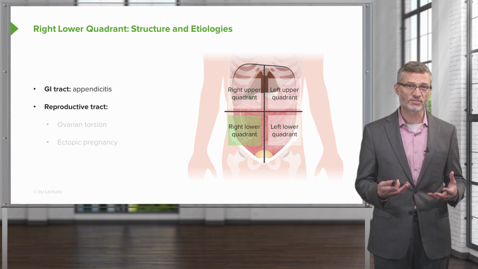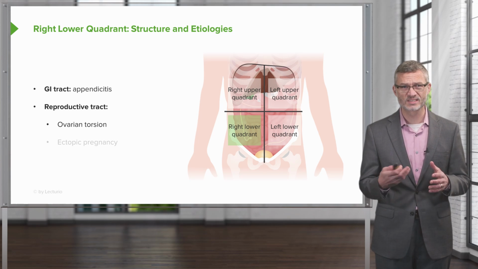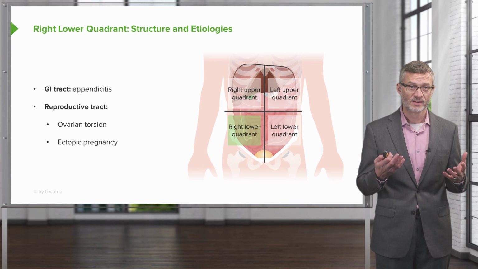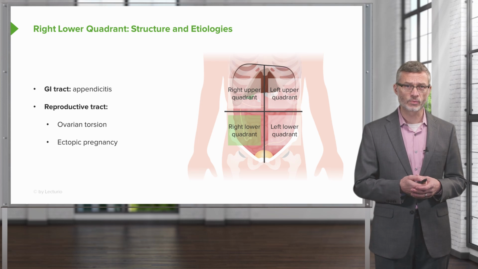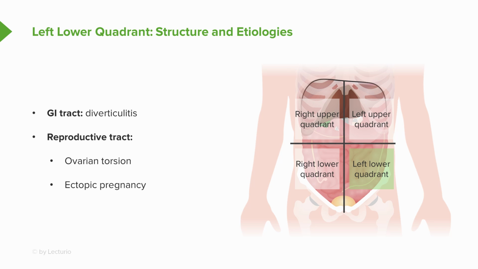Disease of the reproductive tract in women, lots of things can cause pain regarding the ovaries, whether it's cysts that are rupturing or torsion itself, and certainly in young sexually active women, we're worried about ectopic pregnancies as well. And the left lower quadrant mirrors a lot of these same disease processes with the exception of diverticulitis, which can absolutely cause a subacute to acute pain in that area.